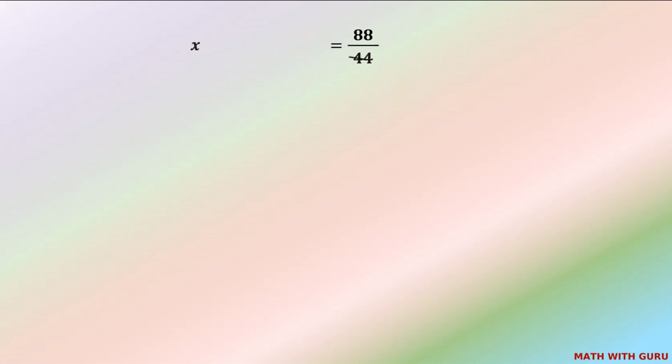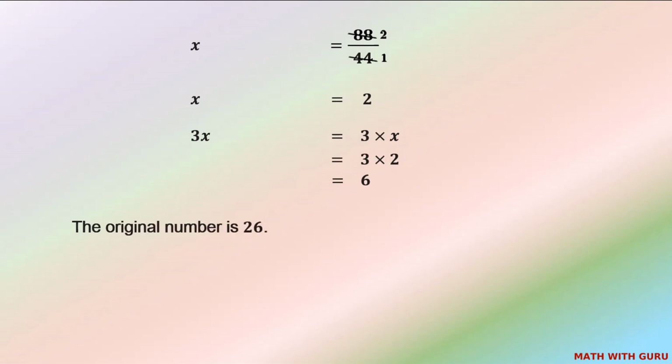It's quite simple. 44 ones are 44, 44 twos are 88. x equals 2. Therefore, 3x equals 3 into 2, that is equal to 6. Therefore, the original number is 26.